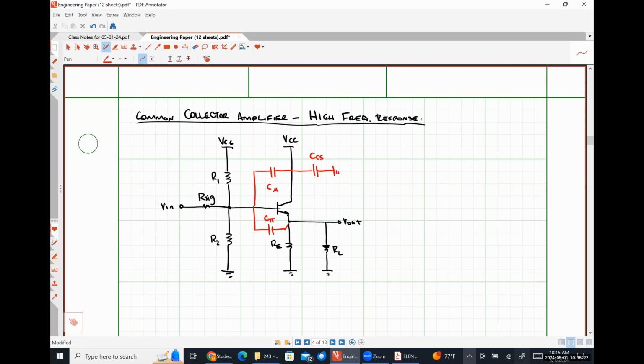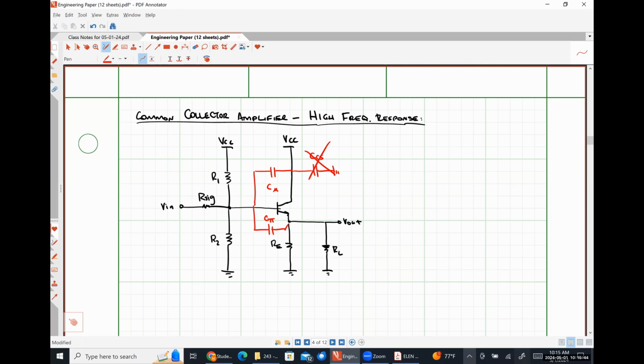So from an AC perspective, where our supply voltage is considered an AC ground, that capacitor CCS is connected to ground on both sides. So this capacitor does not show up in our high frequency analysis, which is great. So it arguably makes things significantly easier.